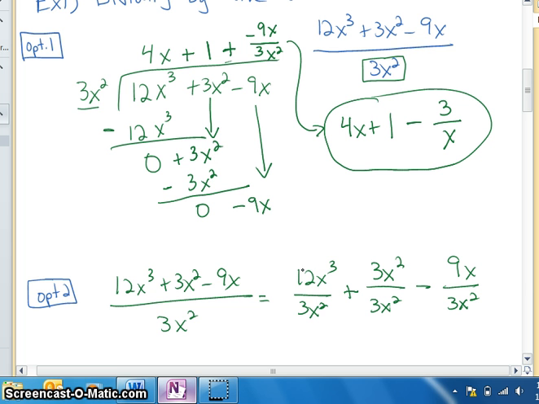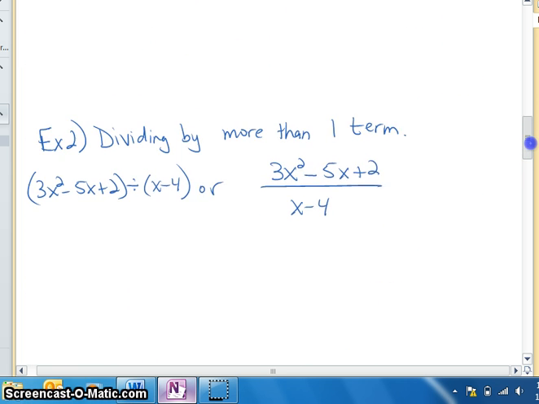Well, yeah. 12x cubed divided by 3x squared is 4x. 3x squared divided by 3x squared is 1. This is still 3 over x. So you'll get the same answer. This only works when you only have one thing going on down here. If I've got a 3x squared plus something else, doesn't work. So let's look at one of those problems that would be a 3x squared plus something else.